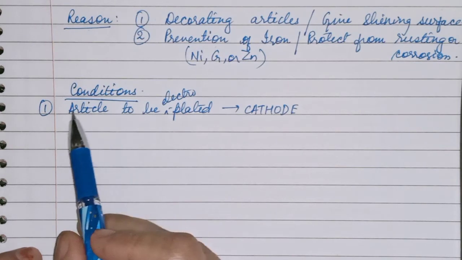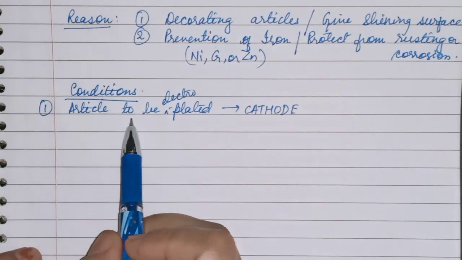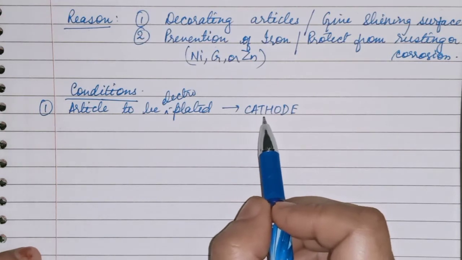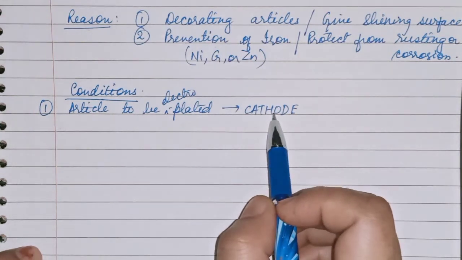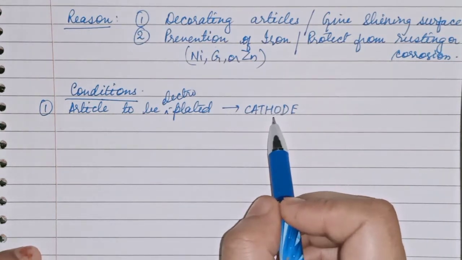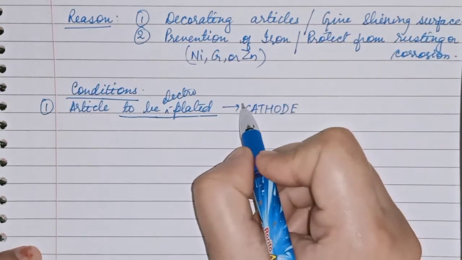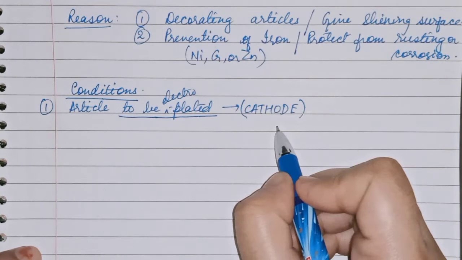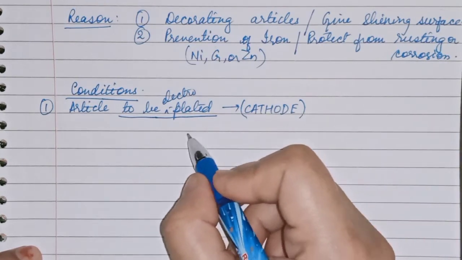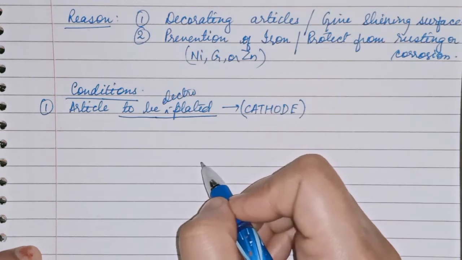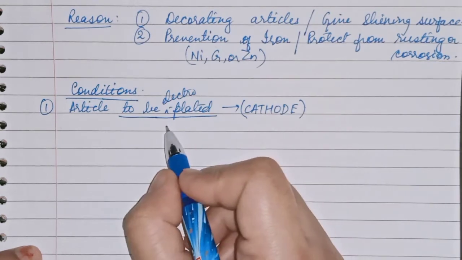Now the first condition is that the article to be electroplated is made the cathode. It will be placed at the cathode. Why? Because suppose we want brass to be plated with silver, so we need silver deposited on brass.